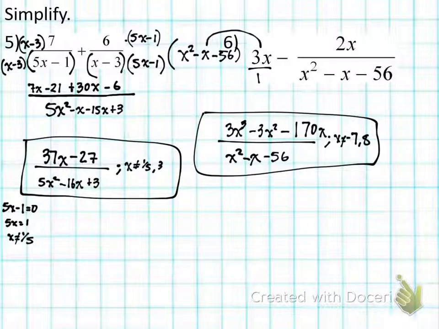Then we have 3x times negative x is negative 3x squared, which is what we got right here. Then we have 3x times negative 56. 3 times negative 56 is negative 168, so it's negative 168x. You follow me? What's negative 168x minus 2x? Negative 170x. So that's where we're getting that. And then our denominator stays the same because we can't simplify anything else. There's nothing else to add or multiply. Okay? That's it.